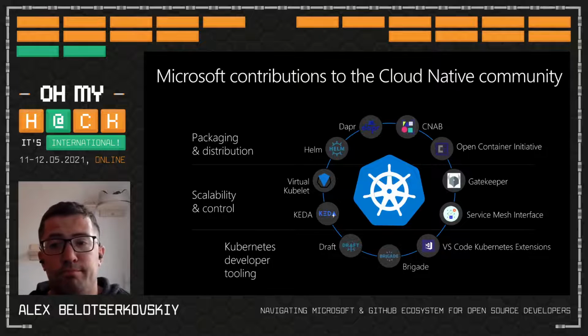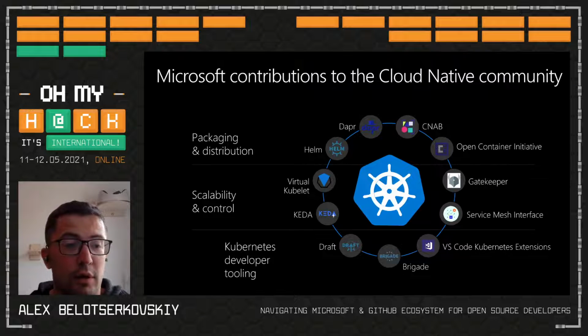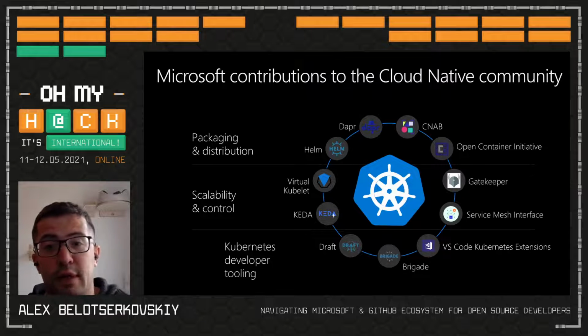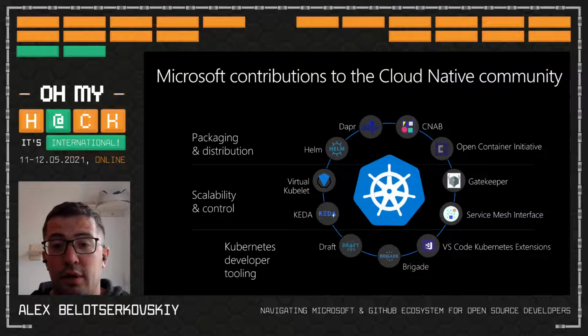So if you want to scale your Kubernetes using, I don't know, Kafka or some maybe even more complex things, then KEDA is the way to go here. And of course, not to mention Helm, Brigade, which is a JavaScript event-driven thing, and other things like, I don't know, VS Code integration with Kubernetes, Gatekeeper, Open Policy Agent, and all of these things.